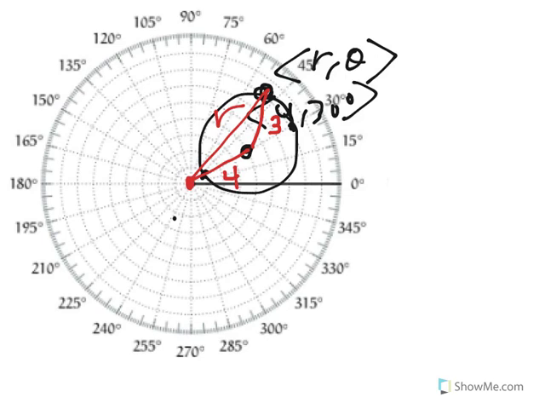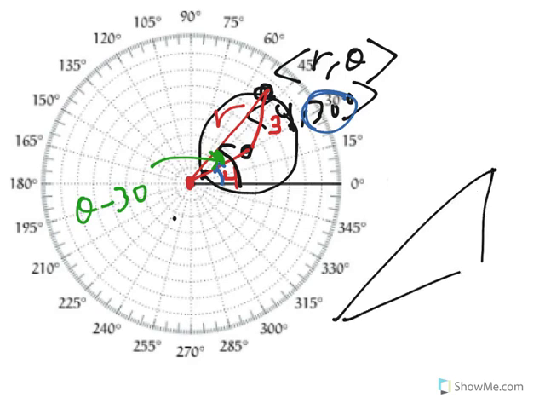Well, theta is from here to here, but it's known that from here to here is 30. That makes this little angle, the other angle of the triangle, theta minus 30. So if I draw this triangle separate from this thing, it would have 4, 3, r, and theta minus 30.